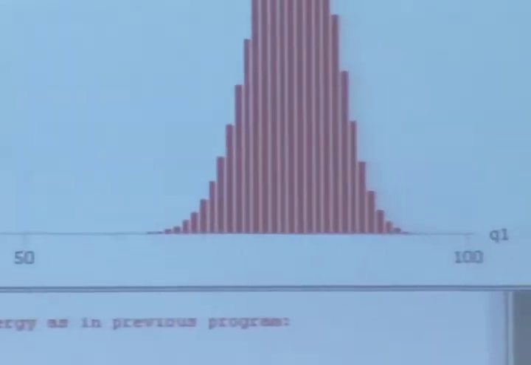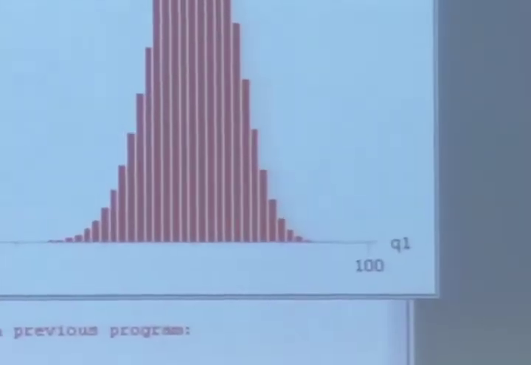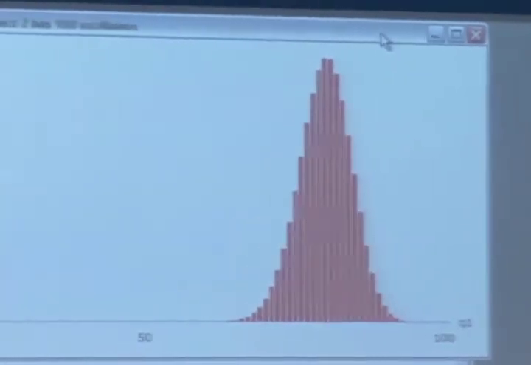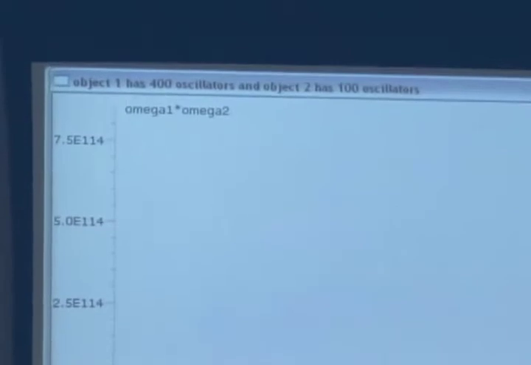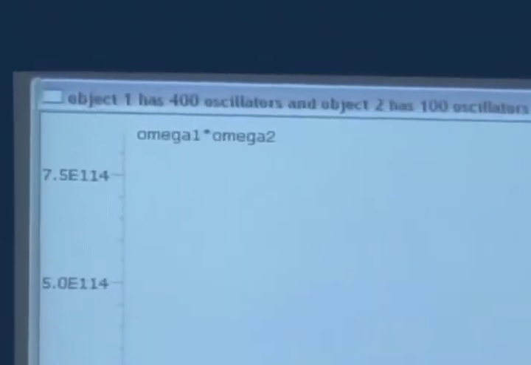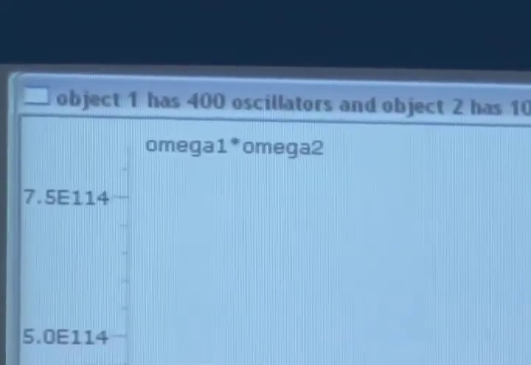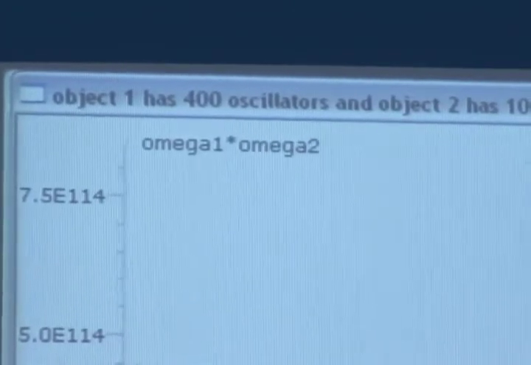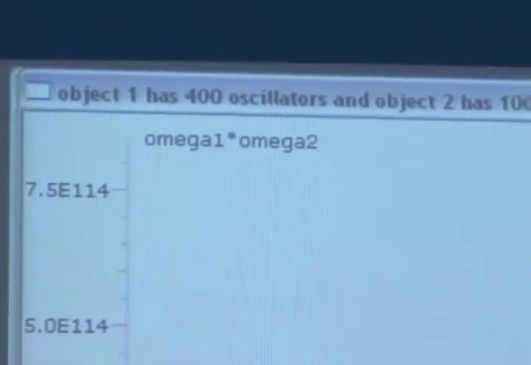And the y-axis is actually this product, omega total, the total number of microstates corresponding to that. So you calculate the number of ways of arranging 0 quanta in block 1 and 100 quanta in block 2, and you plot it here.